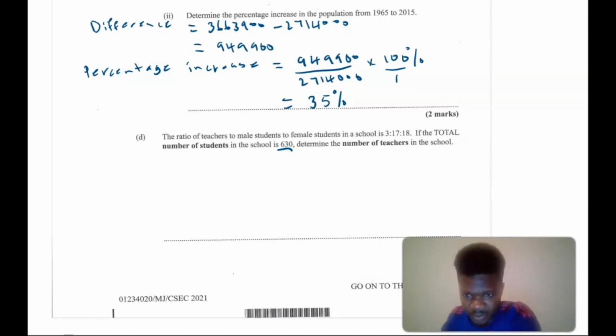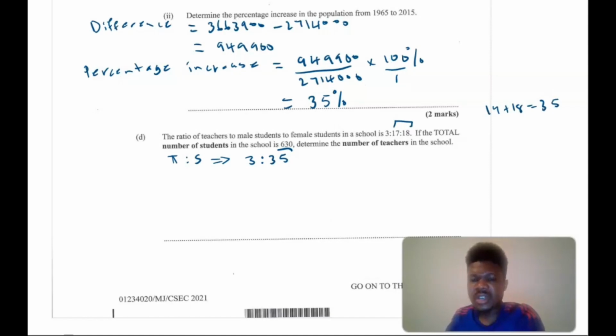So we need to combine the parts for the students, male and female, which is 17 plus 18 is 35. So therefore the ratio of teachers to students, T to S, would be 3 to 35.